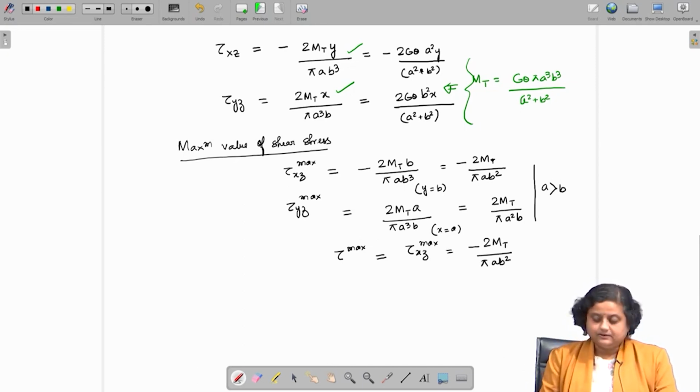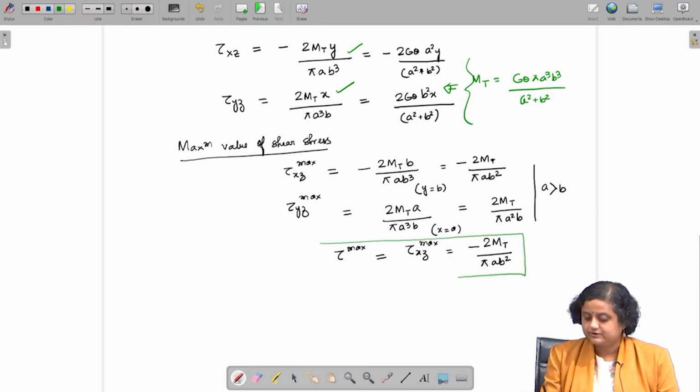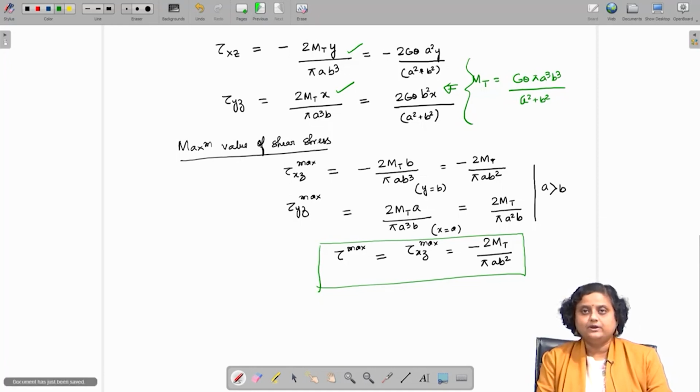So, this is the maximum value of the shear stress. We will not bother about the sign, because when finding the maximum shear stress, we are mostly concerned with its magnitude. Depending on the sign of Mt, this will be minus or plus.